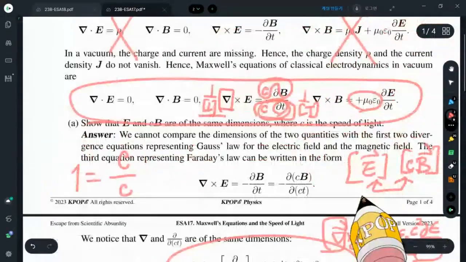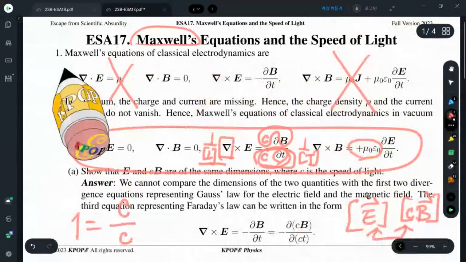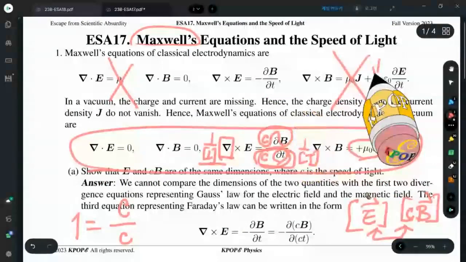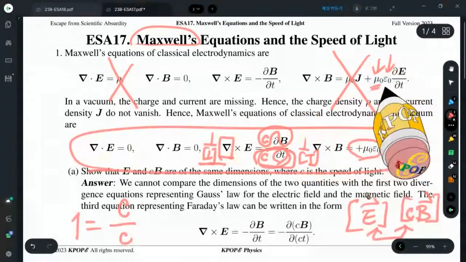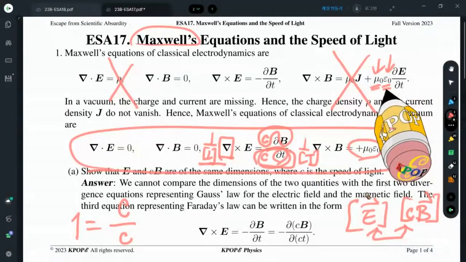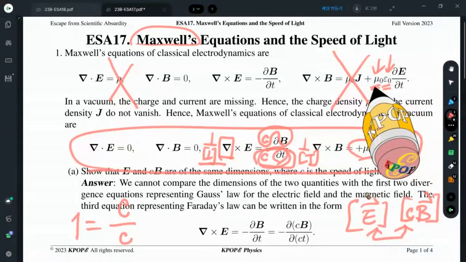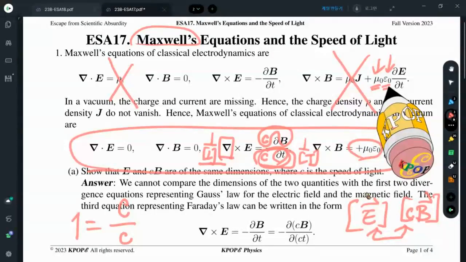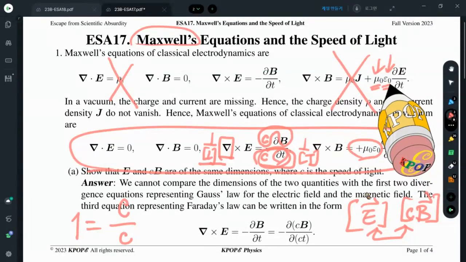Then when Maxwell constructed these four equations, the numerical values for mu 0 and epsilon 0, which determine the strength of the Coulomb force and the strength of the magnetic force, were known numerically. And the speed of light was approximately measured at that time.